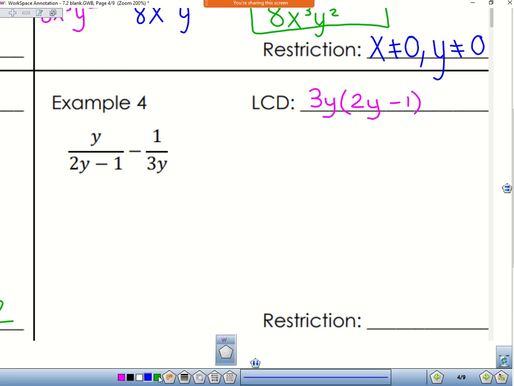Moving on, we are now going to multiply these by what they're missing. So this one over here is missing what? 3y. And this one over here is missing, good, 2y minus 1, 2y minus 1.